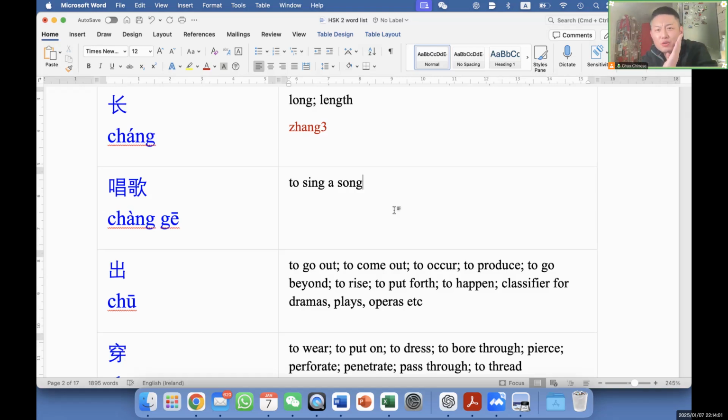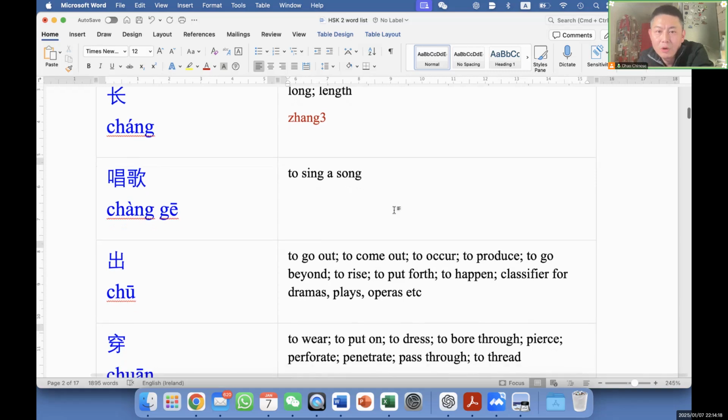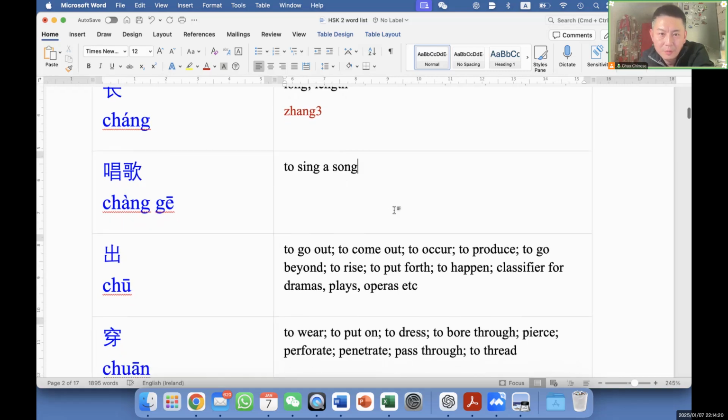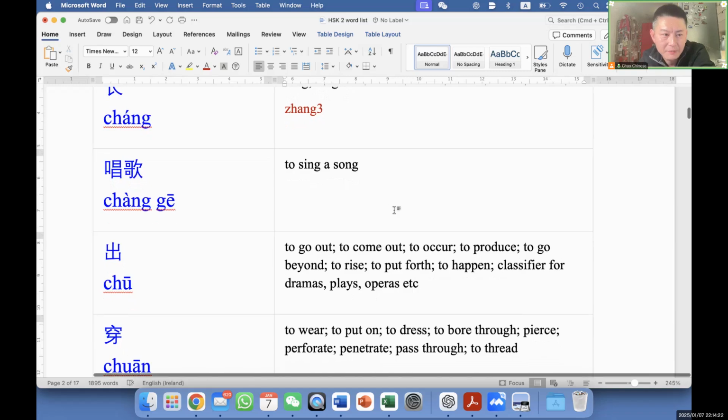But in Chinese, you don't usually use 唱 to finish the sentence. 他喜欢唱. Yeah, sometimes if there's a context, you can say that, but usually it sounds too weak to end the sentence. And 唱歌 would be a more substantial verb with a more substantial meaning.